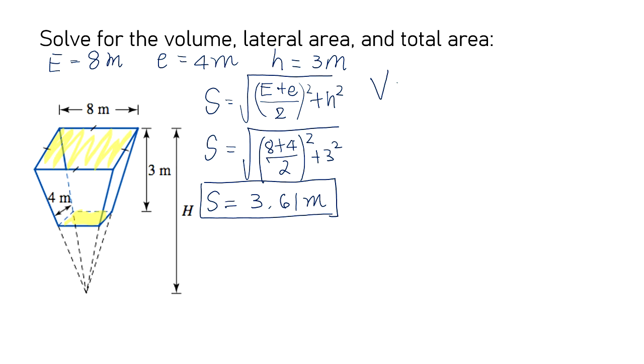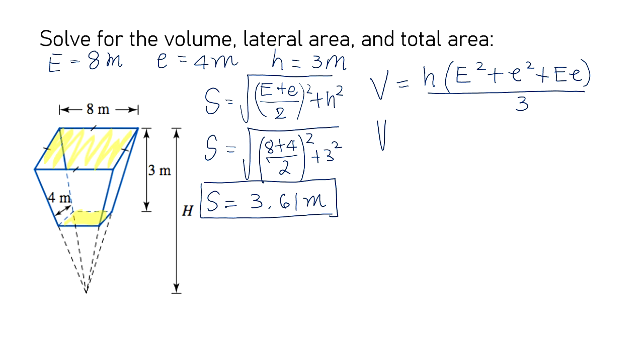So for volume, we have the formula. Again, that is height times big E squared plus small e squared plus big E times small e, all over 3.